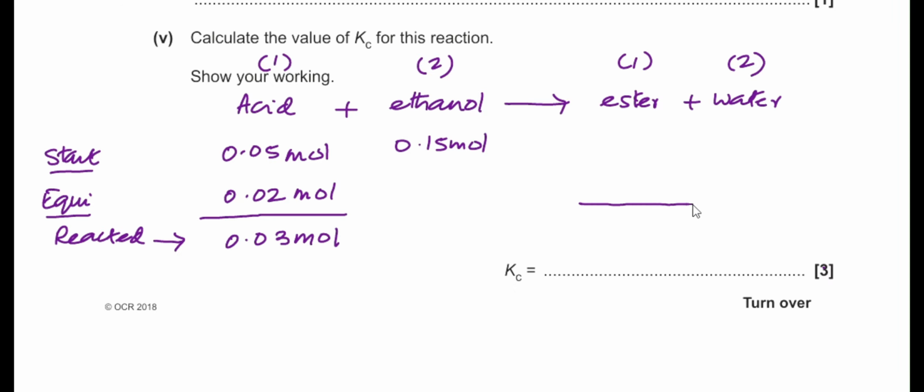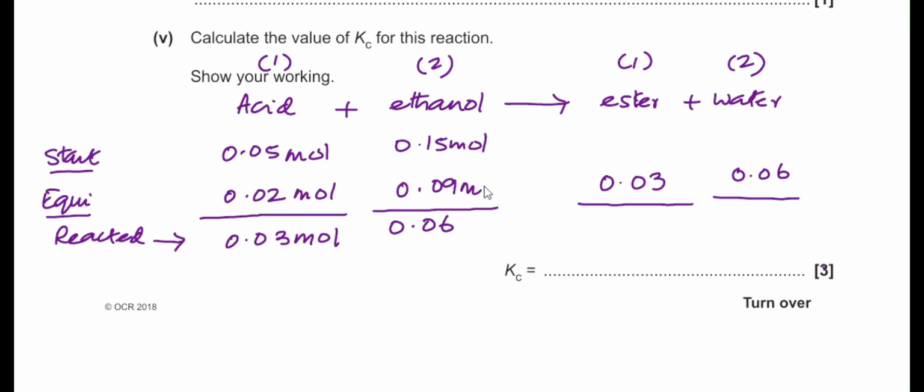Obviously, the number of moles of ester formed will be 0.03 moles and water will be 0.06, and ethanol reacted is 0.06, and therefore ethanol at equilibrium will be the difference between 0.15 and 0.06, 0.09 moles.